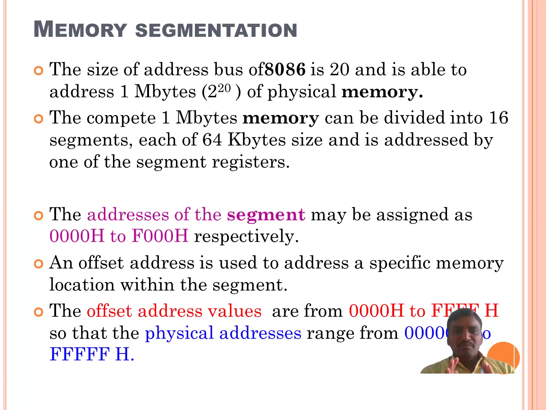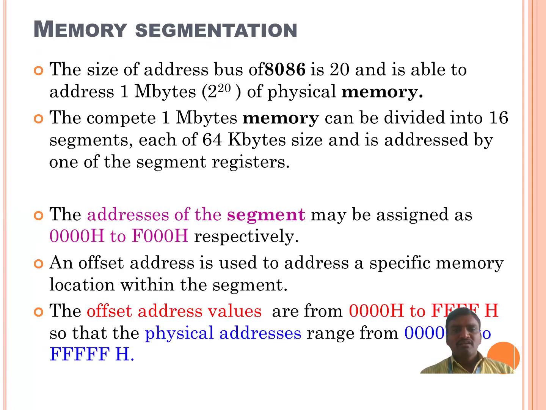The segment register is used to store the base address, or the segment address, of the particular memory location. The address range of that segment register is 0000H to F000H. The next one is the offset address.